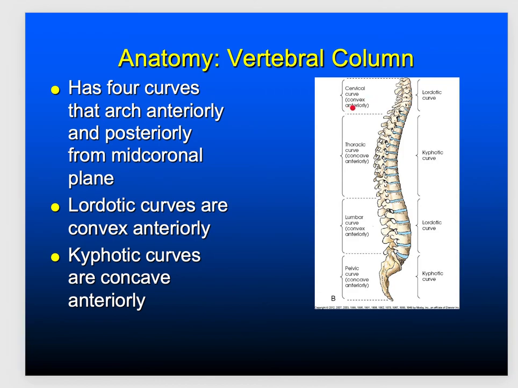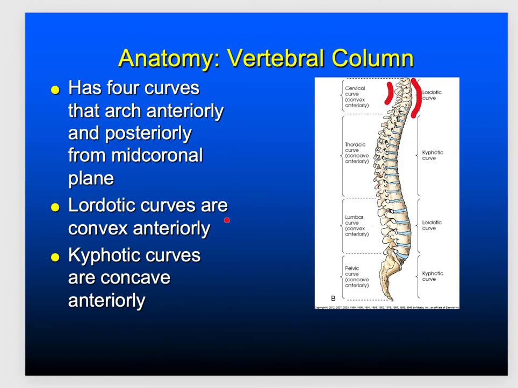So this convexes anteriorly. What they're talking about here is this is the convex side, this is the concave side. So the arch anteriorly and posteriorly for mid-coronal plane. So lordotic curves are convex anteriorly.